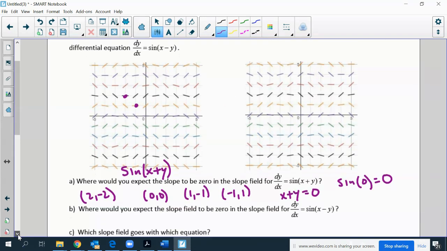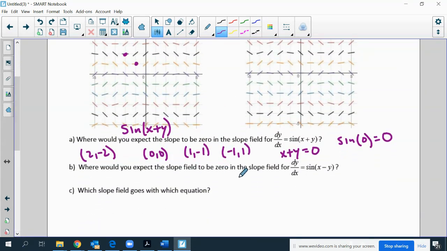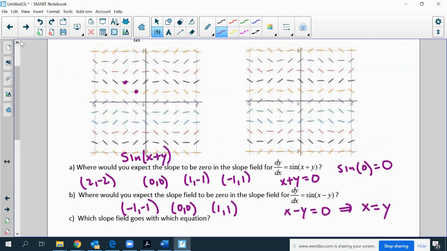When I look at this one, sine of x minus y, I would need x minus y equal to 0, which means that I need x equals y. So 0, 0, 1, 1, negative 1, negative 1, and so on. So that one would match up with this one, because all of these end up giving you 0.